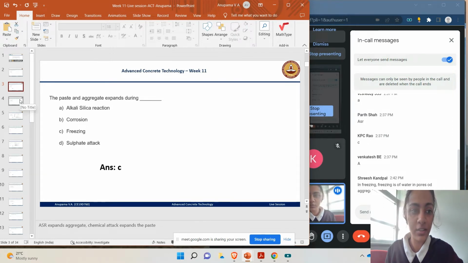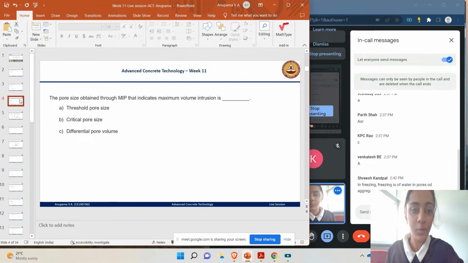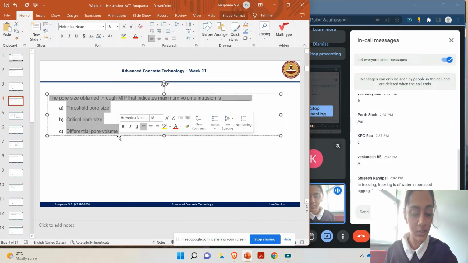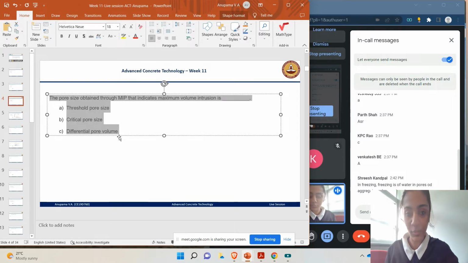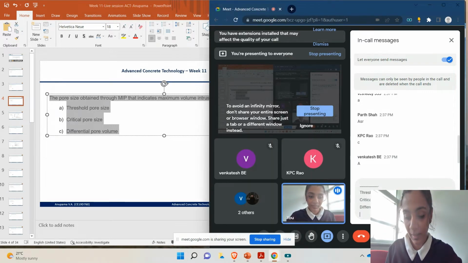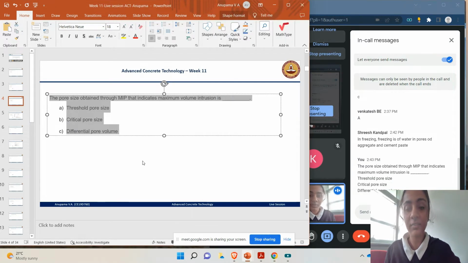So moving on to the next question. The pore size obtained through MIP that indicates maximum volume intrusion is dash. So the question is, mercury intrusion porosimetry is MIP, and during the test of MIP, we get different parameters.